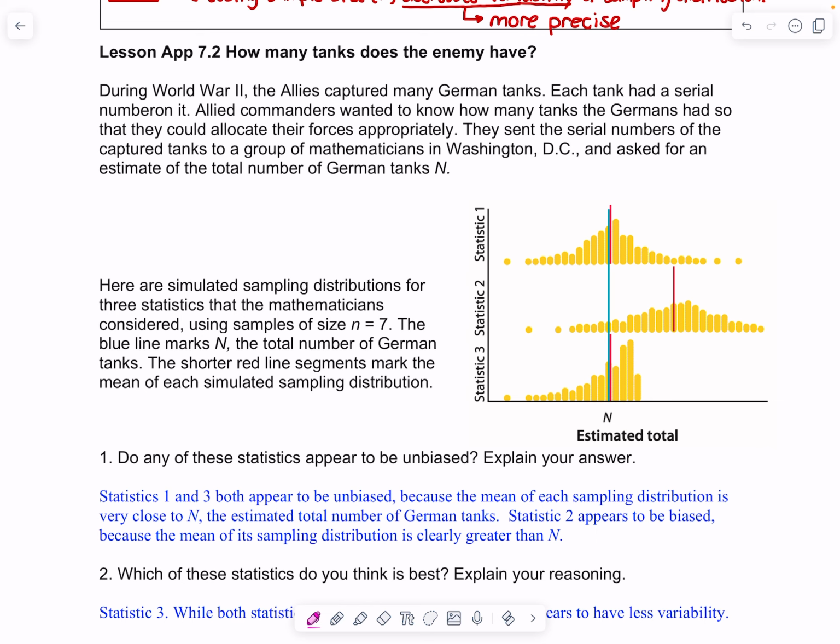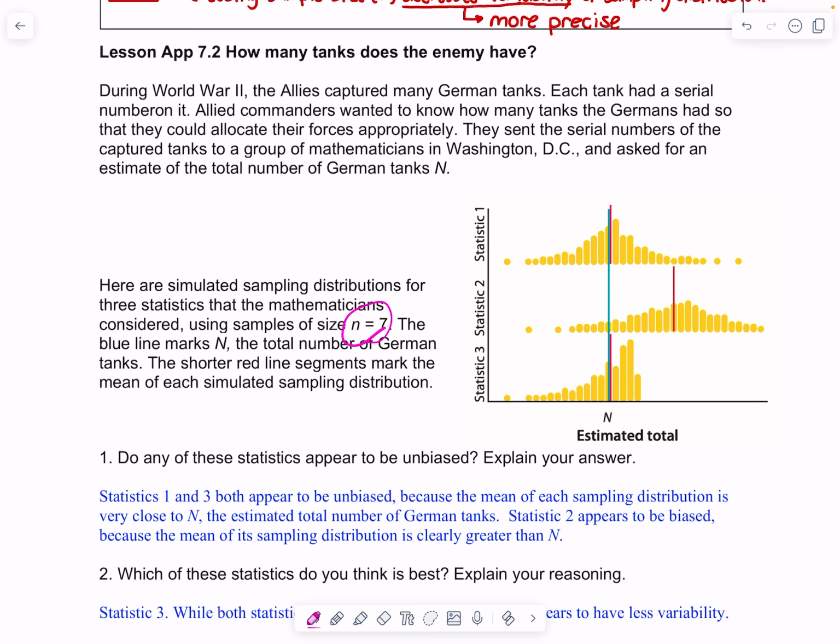What happened is they captured 7 tanks, and they sent the serial numbers back to the statisticians, and the statisticians used the 7 serial numbers to try to figure out how many tanks there would be. And we did it in a very similar way to the popsicle sticks that we did earlier.